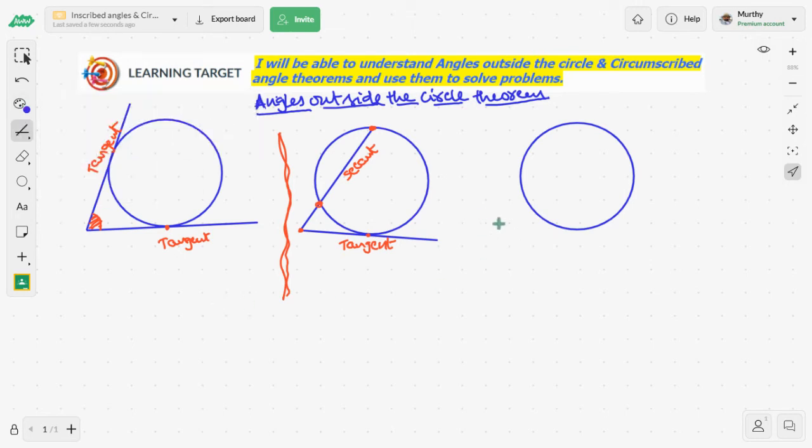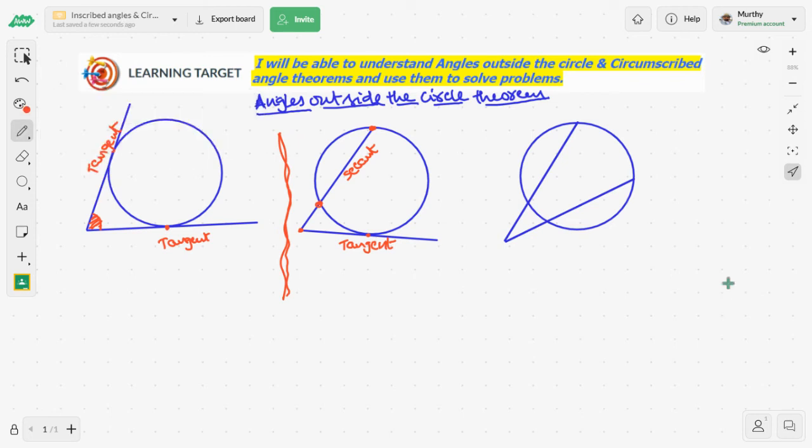Let's say that this is one secant. Please notice that it is intersecting the circle at 2 points, and this is another secant. This is also intersecting the circle at 2 points.